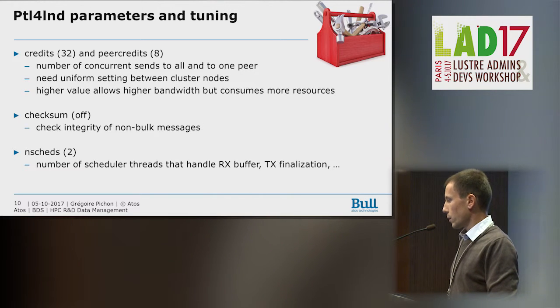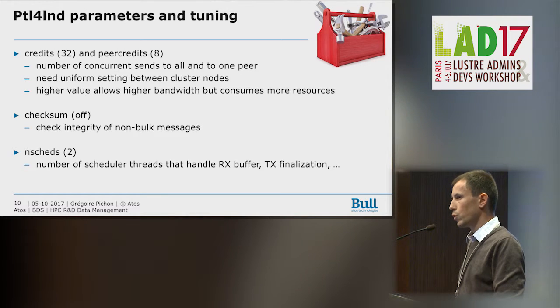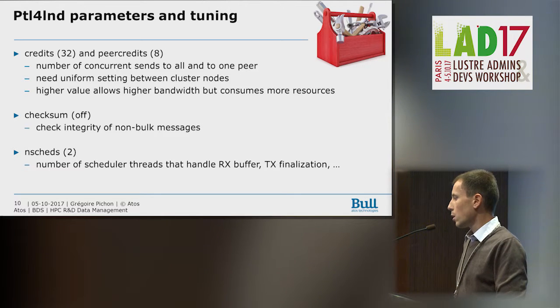This certainly allows better performance with a higher bandwidth, but it consumes a little more resources. We can also configure checksum to check integrity of the immediate messages. And there is a parameter to control the number of scheduler threads that perform every kind of housekeeping task, like reset buffer reposting and transmission buffer finalizations.